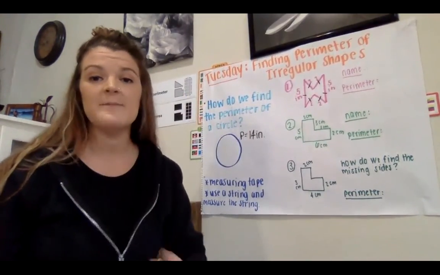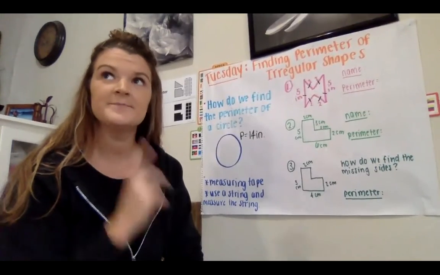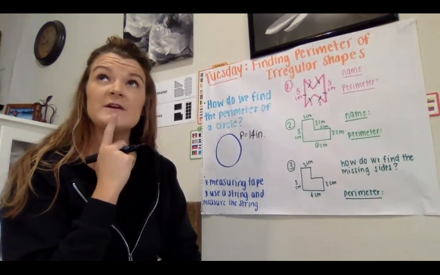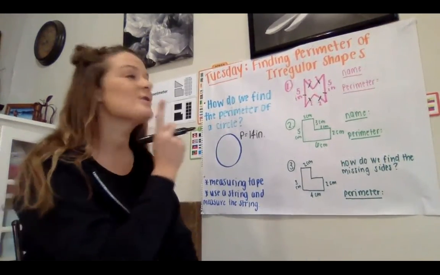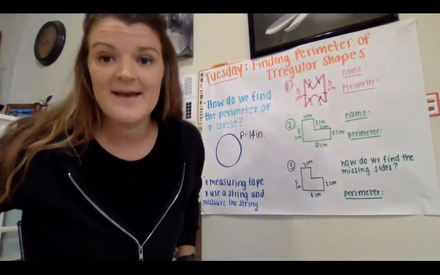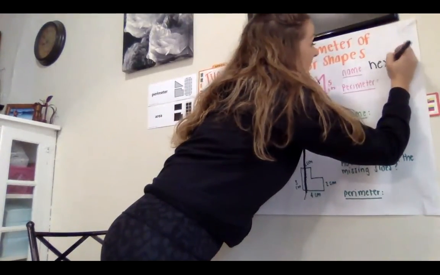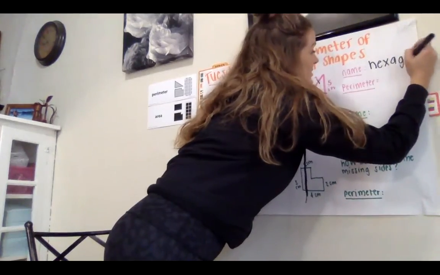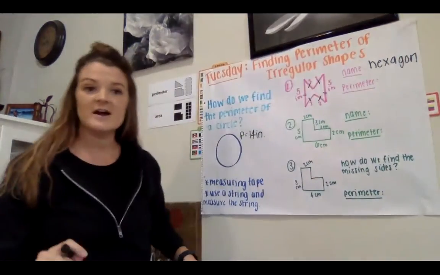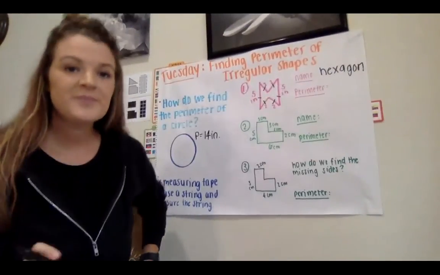What do I call a shape that has 6 sides? Well, I know the prefix for 6 is hexa, so this is a hexagon. Even though it doesn't look like a hexagon that we're used to seeing, any shape with 6 sides classifies as a hexagon. Just a little bit cut off.